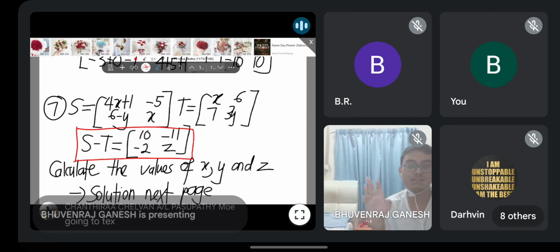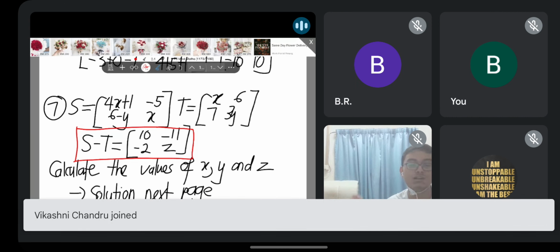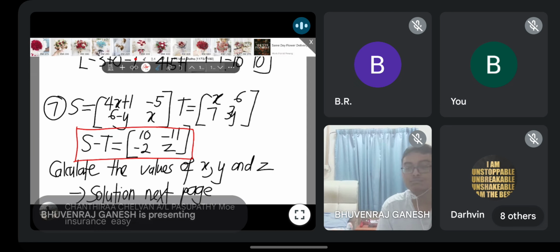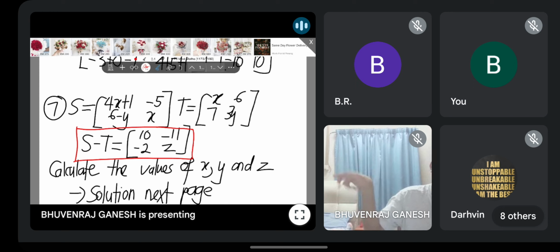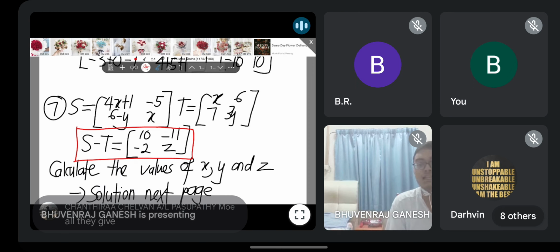I tell you right now, most of the teachers, not saying they are not good, I'm just telling generally what the teachers will do. For chapter 3, the theory part, they will ask you to work in groups and present in front of the class. Trust me, when you enter chapter 3, your teacher will ask you to do that. She's not going to teach you the theory part. She will ask you to do presentations, write on mahjong paper, create summary notes, and present in front of the class.